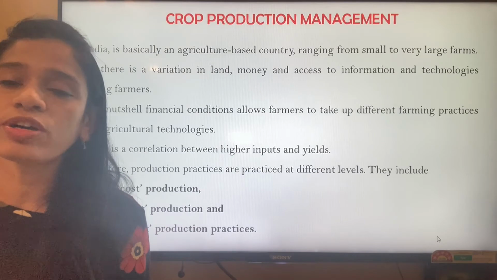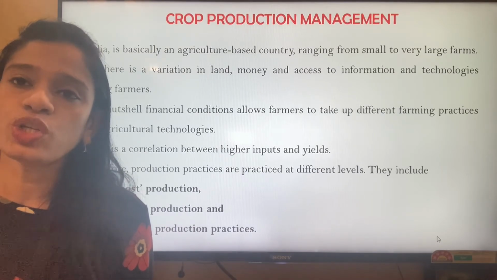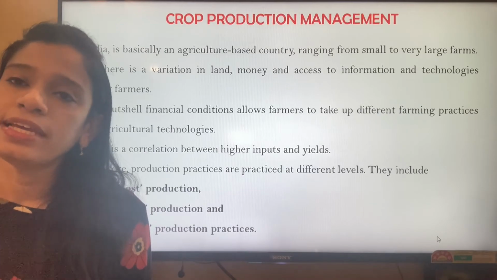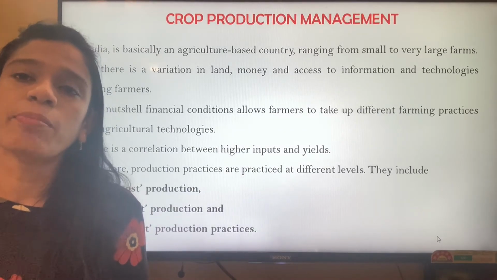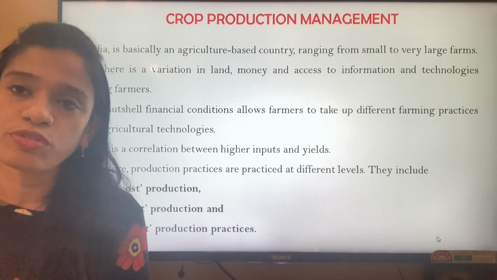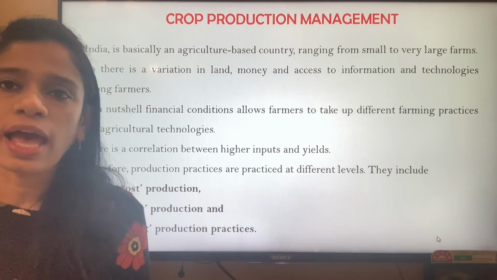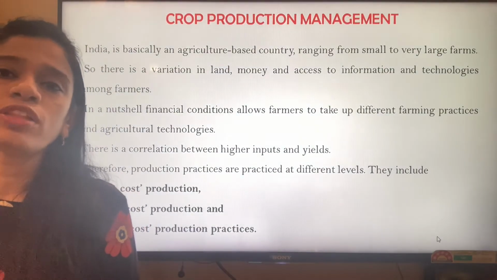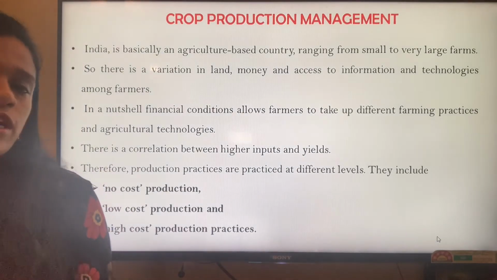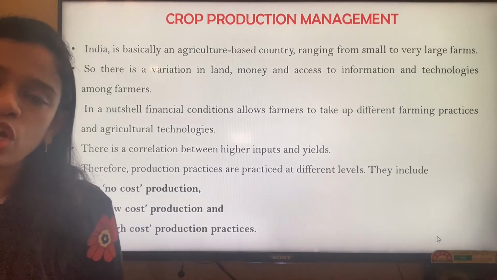Whereas in high cost production, lots of money gets involved, due to which a high yield is also expected as they use the best quality seeds, the improved varieties, all the modern machinery, tools and modern ways of agriculture. So based on the financial holdings, crop production is divided into no cost, low cost and high cost production.